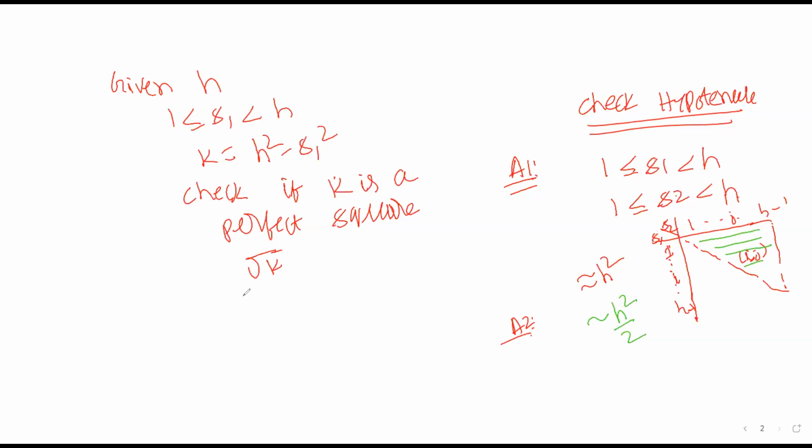Depending upon the approach that we use for computing the square root of K, even though K is a perfect square, we may not get an exact result.